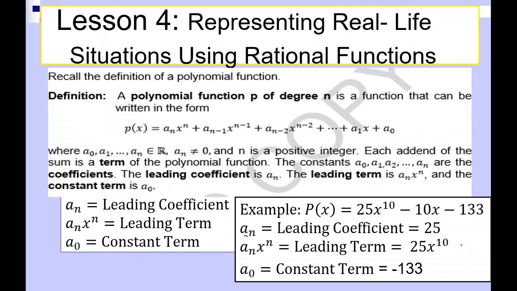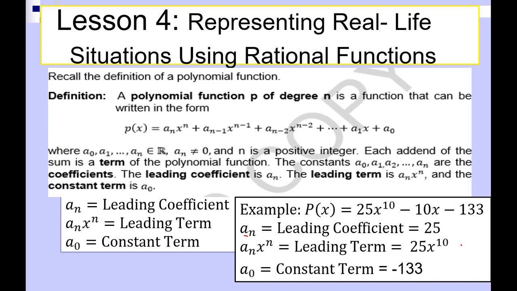And then we will have lesson 4, representing real life situation using rational functions. So given a polynomial, we are going to determine the degree or to find the position of a term, and then what is the zeros, and then we will have the constant term.